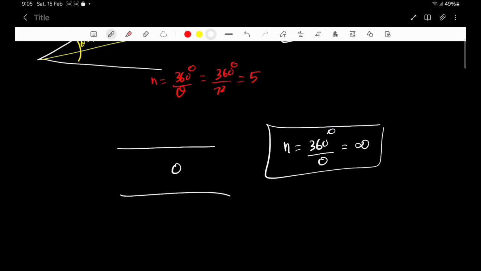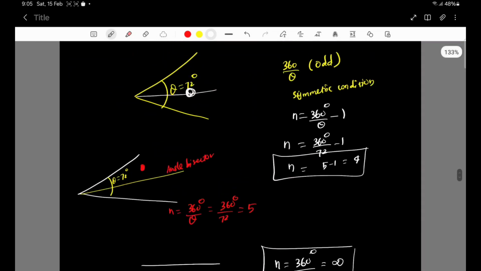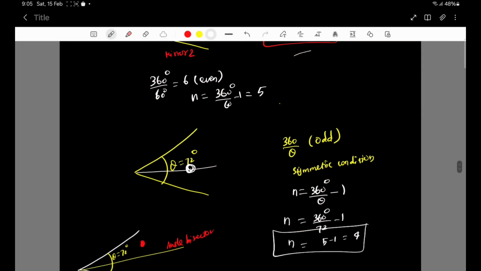If you have visited a barber shop, they place one mirror on the front side and another mirror on the back side, and you sit between them. There you can see infinite versions of yourself in the mirror. So you can get all those ideas from these formulas.